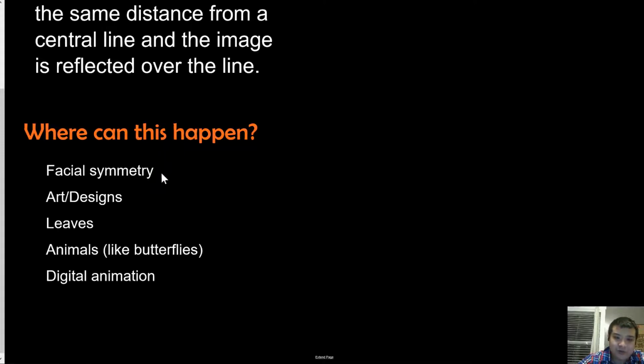For example, in facial symmetry we have reflection down the center. In art and design, things tend to be very symmetric, for example leaves and animals like butterflies, and in digital animation it's very common as well, like Pixar, where they have to create symmetric images.